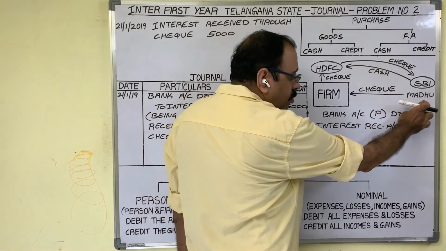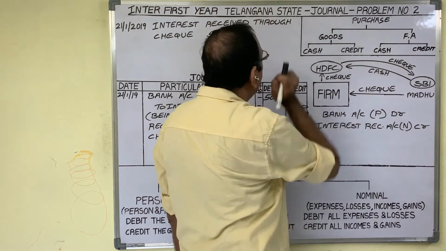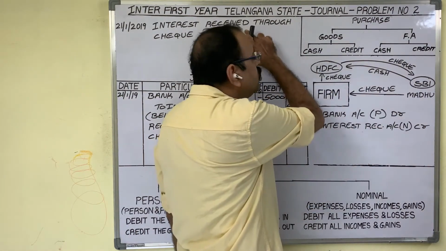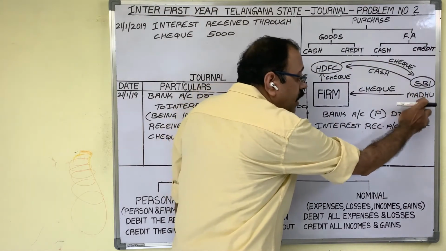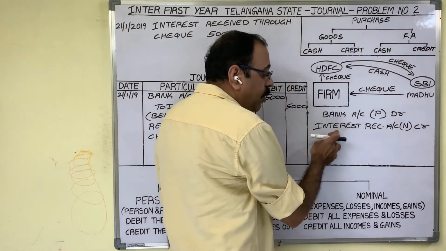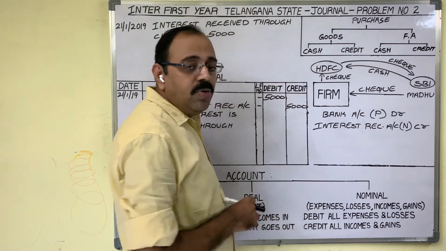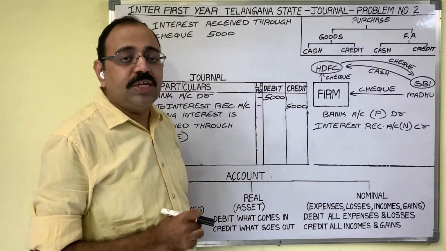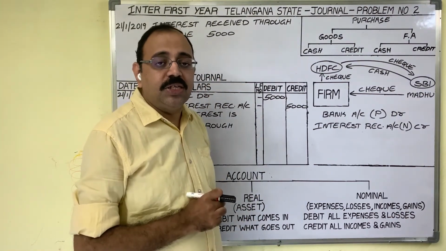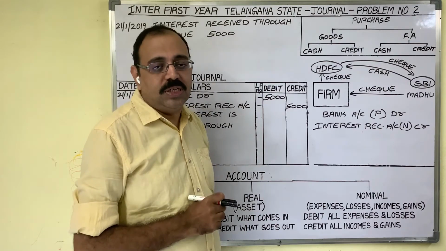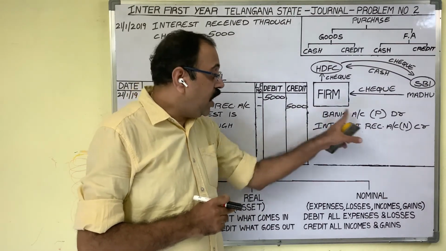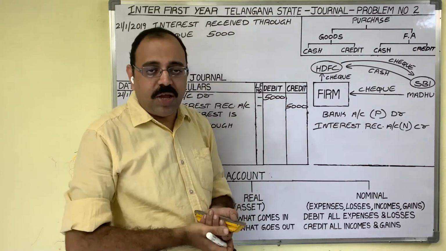Similarly, don't take Madhu. Even though he gives some name, don't take that person's name here, because this is an income transaction, no? In case of income transactions and expenditure transactions, we should not consider a person's name. Then check account is not there in our accounts.